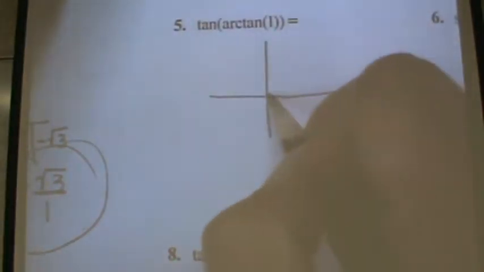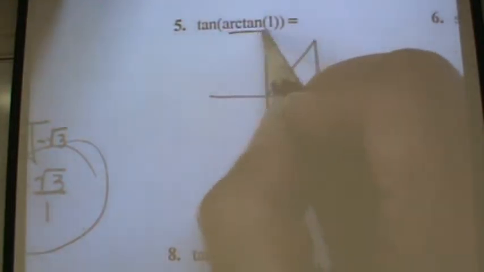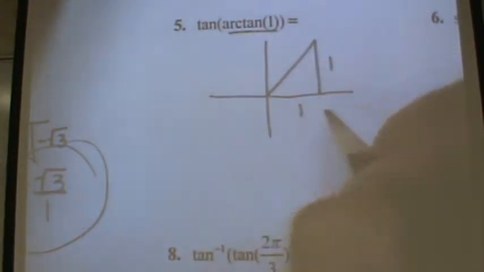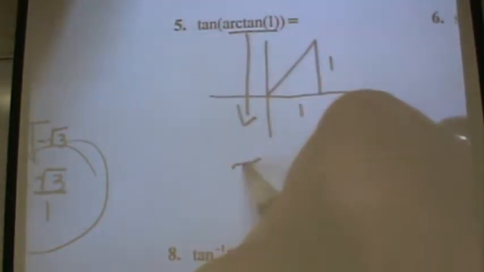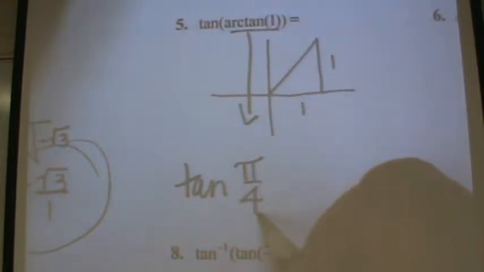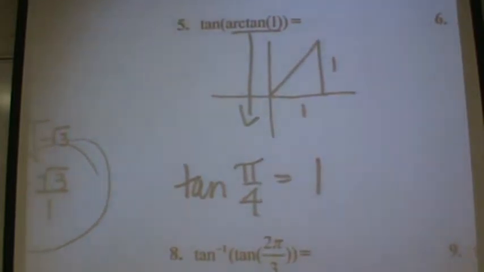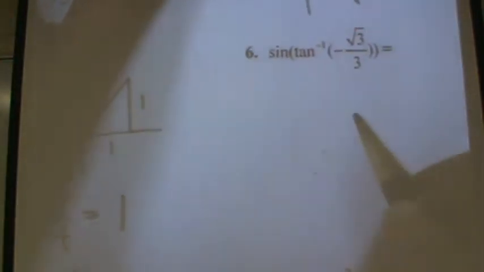Number 5. What do you suspect this answer to be? 1. Okay, I want to know what angle am I whose opposite over adjacent is 1 to 1. So this answer is pi over 4. What's the tangent of a 45-degree angle? It's 1 over 1. So the answer is 1. Number 6. What angle am I?